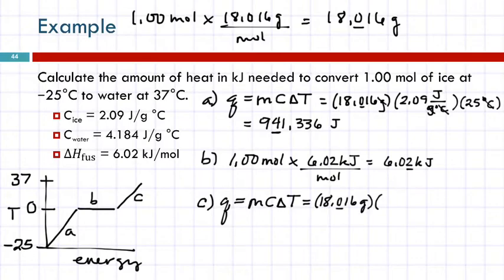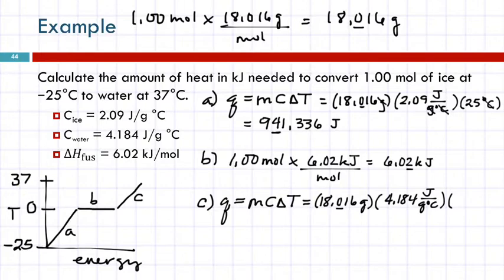The specific heat capacity, now it's a liquid, so we want to use the specific heat capacity of liquid water, 4.184 joules per gram degrees Celsius. And the temperature change, we're going from 0 to 37. Final minus initial. 37 is the final temperature, the initial temperature is 0.